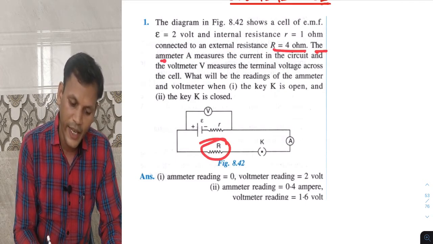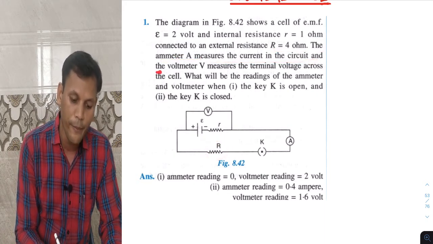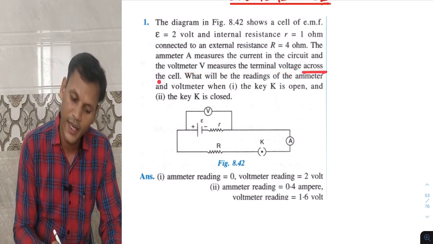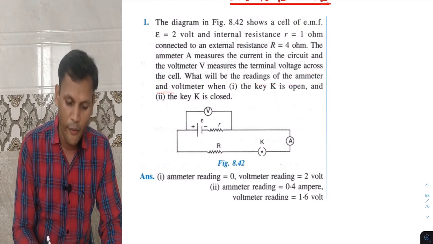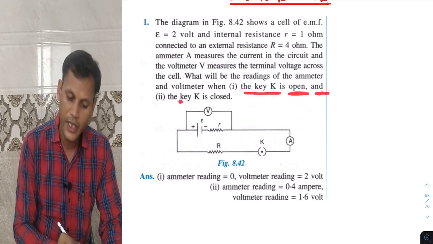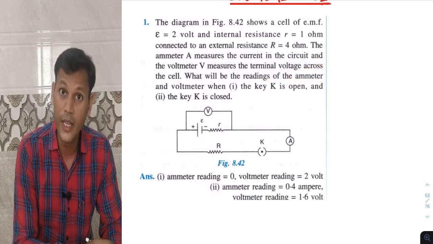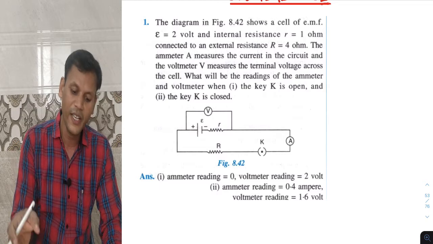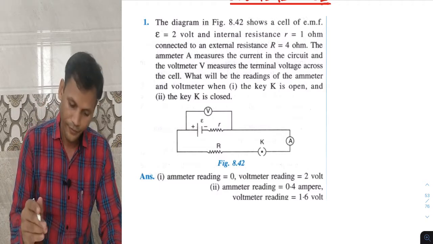The ammeter A measures the current in the circuit and the voltmeter measures the terminal voltage across the cell. What will be the reading of the ammeter and voltmeter when key K is open and when key K is closed? Ammeter measures the current. It means we have to find the current in 2 different cases, when the key is open and when the key is closed.